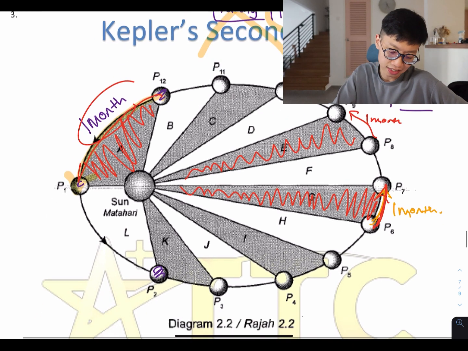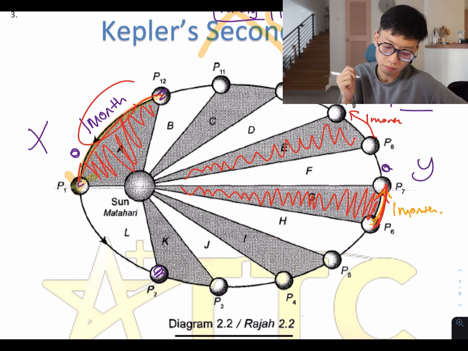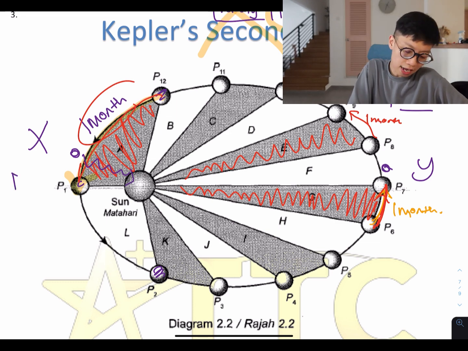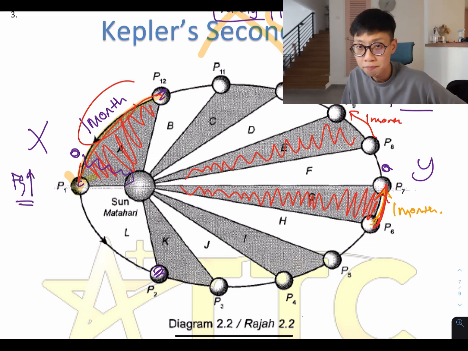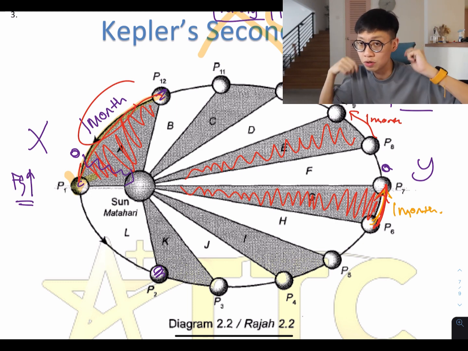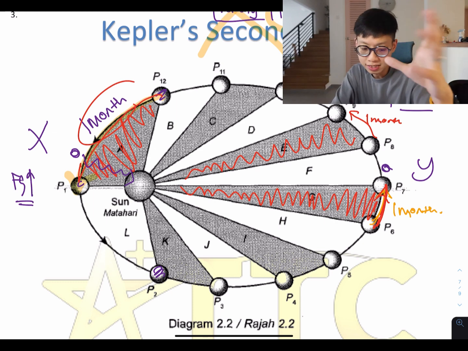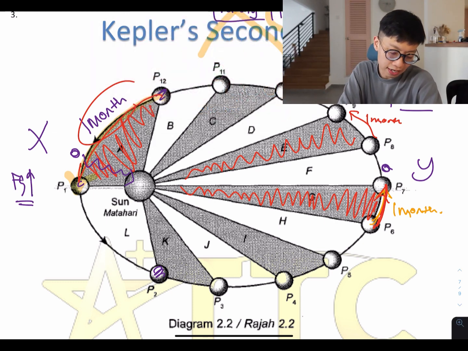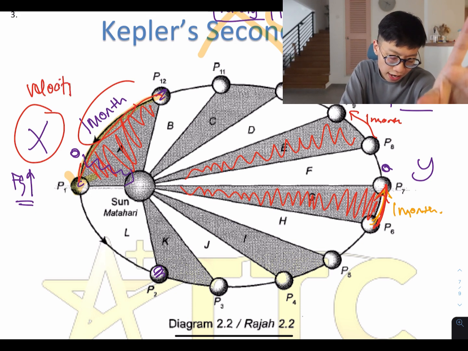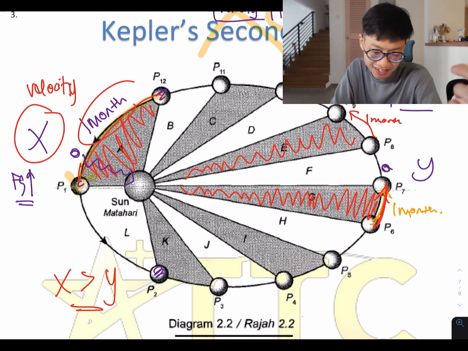Which one will be faster? Is it X here that is faster, or is it Y here? Now, the nearer you are to the sun, the higher the gravitational force, meaning you will need a higher orbital velocity because you need a higher centripetal force. So therefore, to make this simple, X must have a higher speed, the velocity of X is larger than Y. Common sense, right, guys?